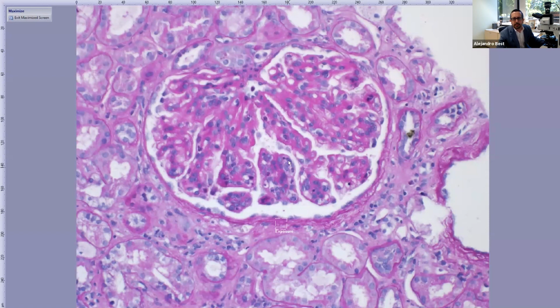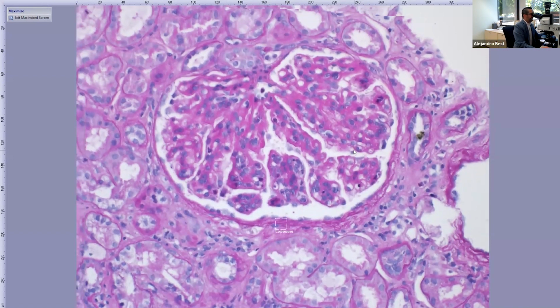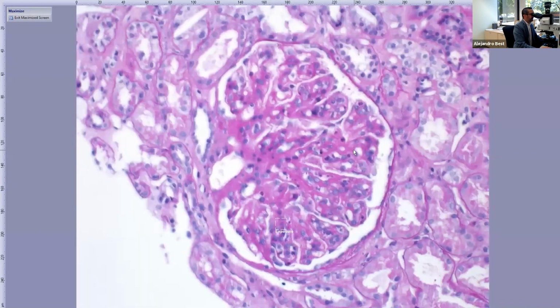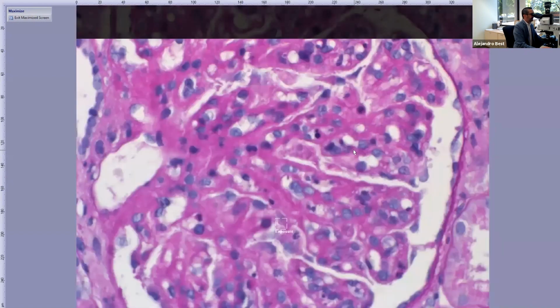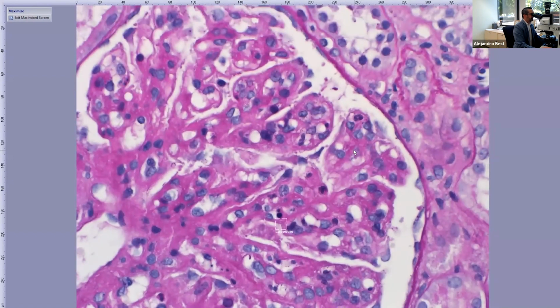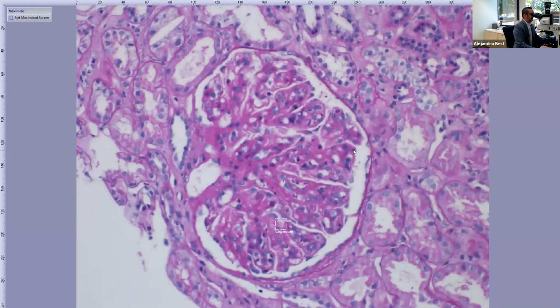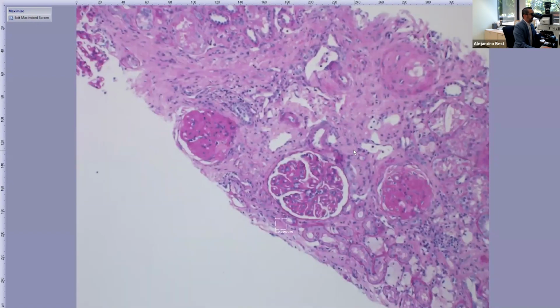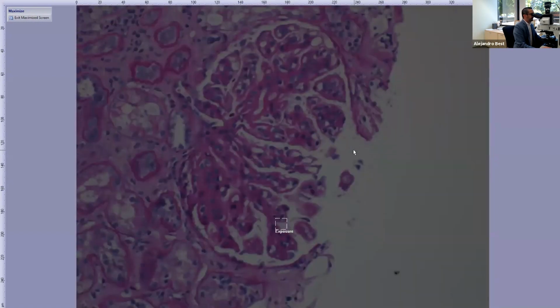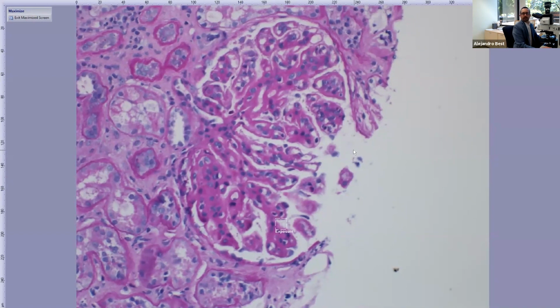At least this glomerulus shows a little bit more neutrophils than we appreciated on the previous one. But at the end, we're still going to be talking about an MPGN pattern of injury. We have some double contours there. So less dramatic, but still an MPGN. All right, I hope you can appreciate that.